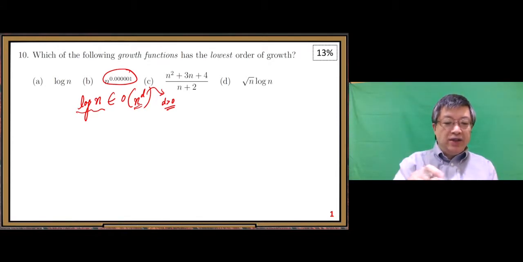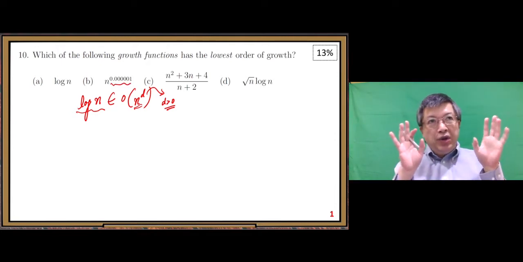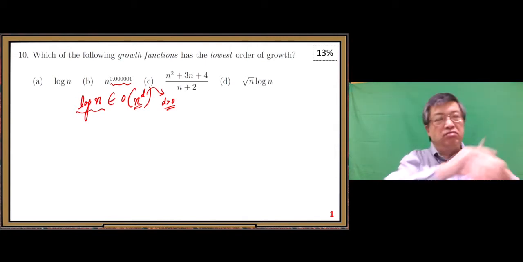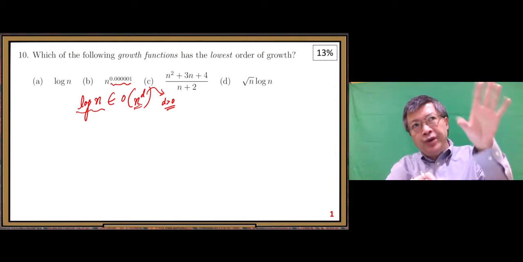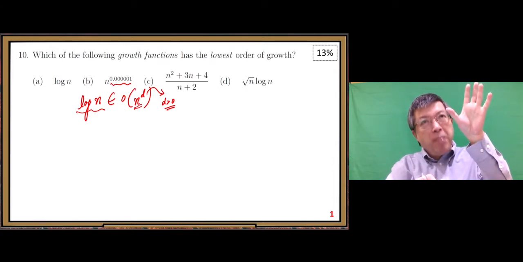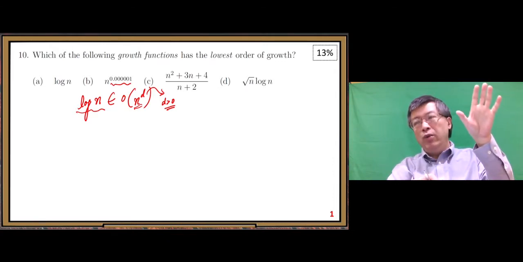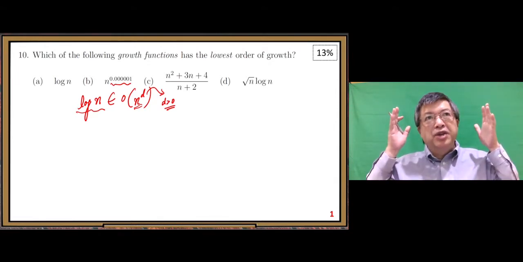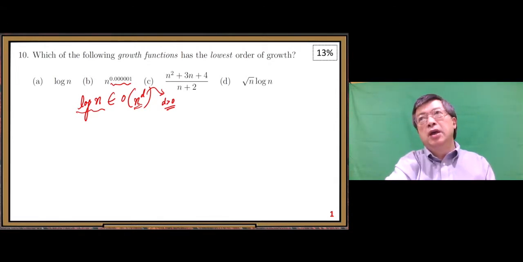So here I use this really small number to create a false intuition. I try to trick you, because when we work on problems, we make our decisions based on intuition a lot.